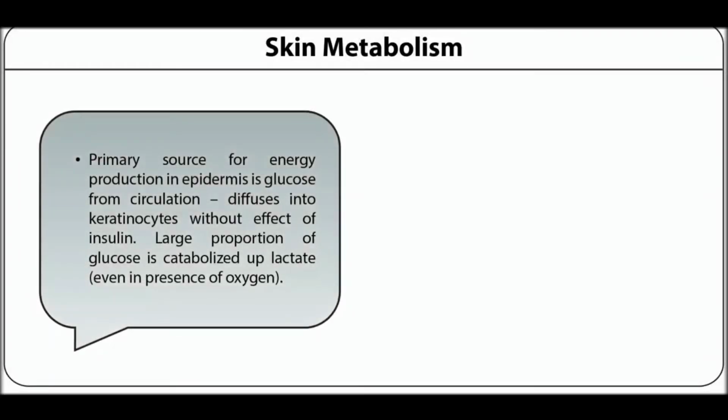The primary source for energy production in the epidermis is normally glucose, which is obtained from the circulation. The keratinocytes take up this glucose, or the glucose diffuses into the keratinocytes without the effect of insulin. A large proportion of glucose is catabolized to lactate even in the presence of oxygen.